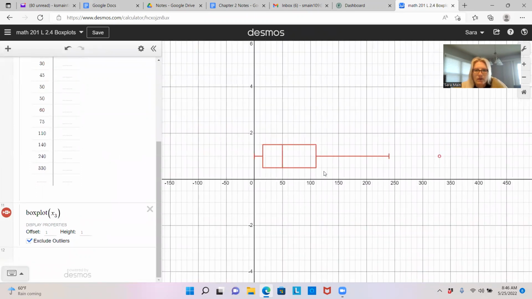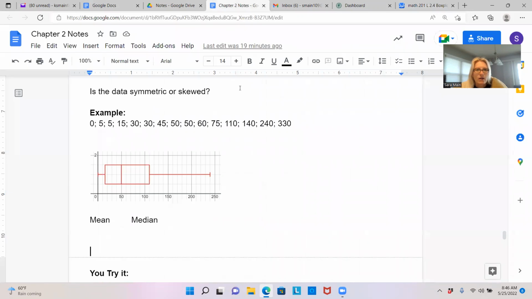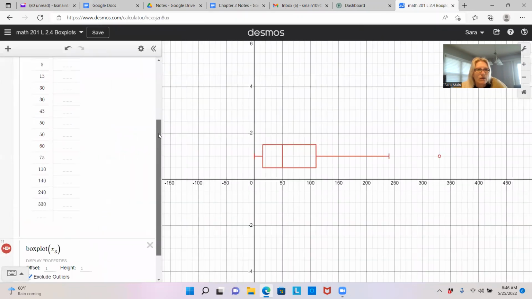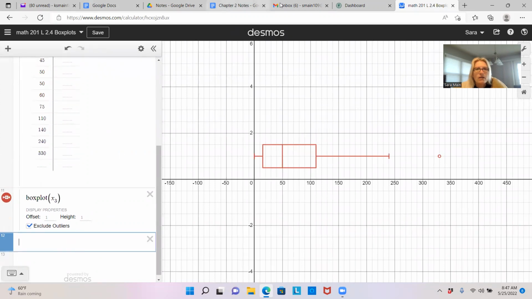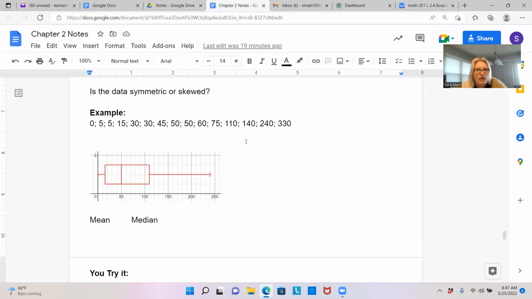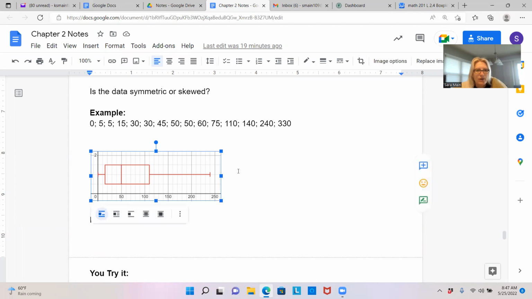So you can see that it's skewed. Yep. Okay. If you just can't see, I didn't include the extra dot over here. I'm going to have to redo that for you all.